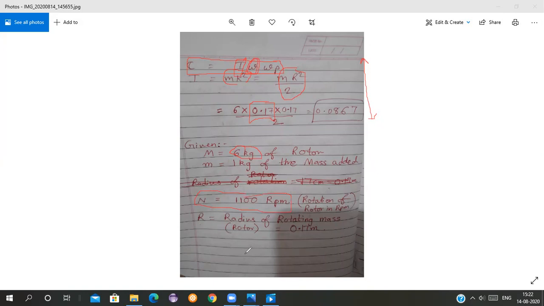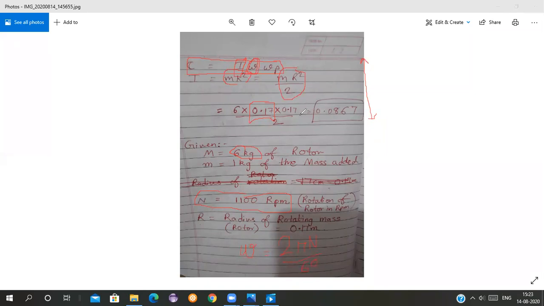So at 1100 rpm I will get omega equal to 2 pi n by 60, which is the angular velocity of the rotor about its own axis. So in place of n, I have to put 1100.